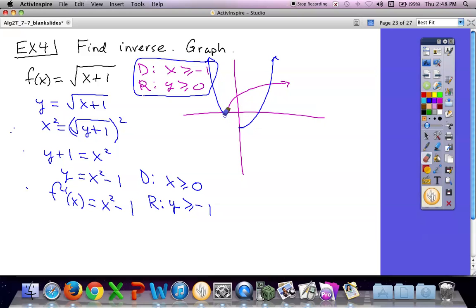Just take out that piece. Now, do those two look like they might be mirror images about a line like that? Yeah, those two do. But we would not have told that if we hadn't taken into account domains and ranges. That's why you have to take into account domains and ranges.